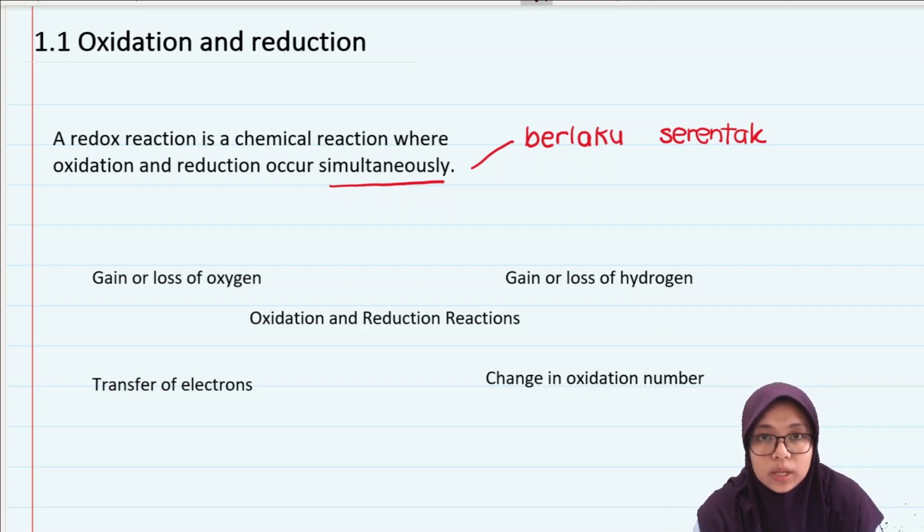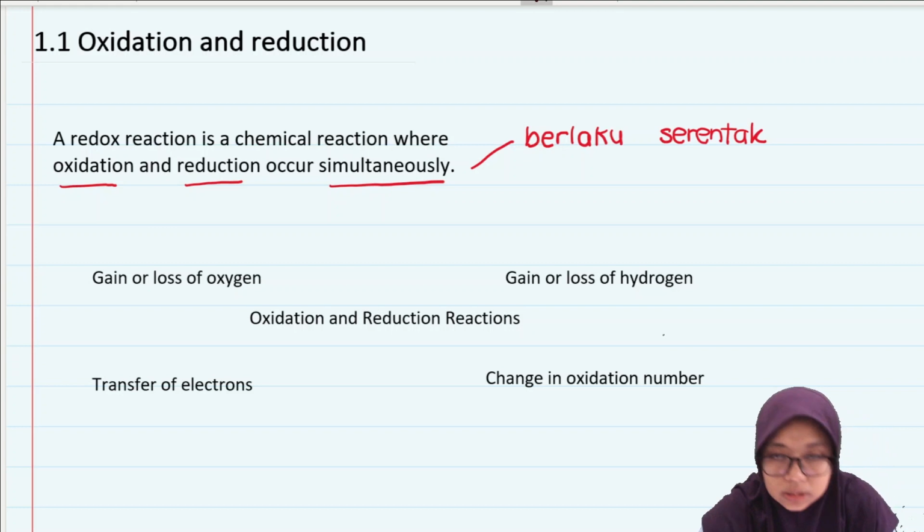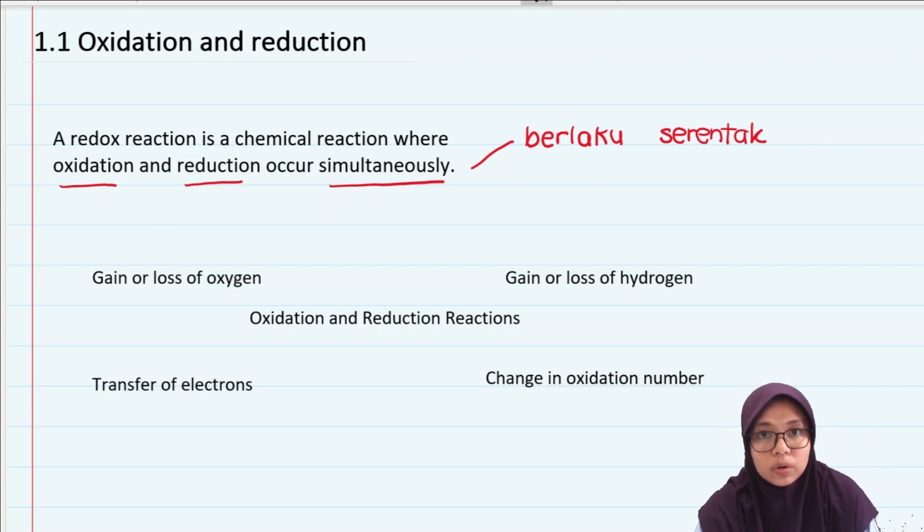So there is two reactions. We have oxidation reaction and the second one is reduction. So oxidation and reduction must occur simultaneously or at the same time, okay, for a redox reaction to happen.